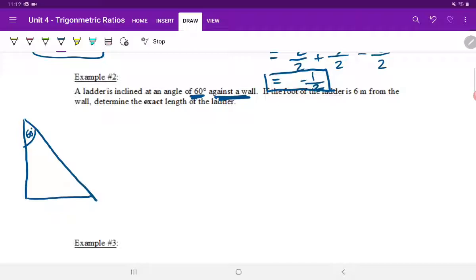Okay? It's against the wall, 60 degrees. Now, it says if the foot of the ladder is 6 meters from the wall, determine the exact length of the ladder.